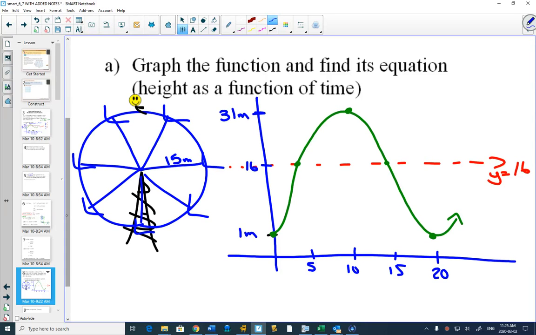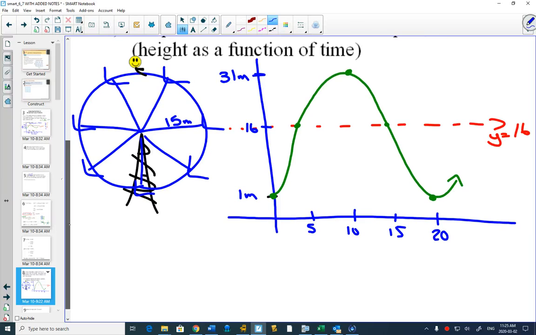And now that we have our graph, well, we can work backwards from D, A, B, C to get an equation. Now we're going to do the D, the A, and the B values first. D is our center line. Well, we figured that out to be 16. What's our amplitude? Distance from the center line to the maximum or center line to the minimum? 15. Our B value is connected to our period.